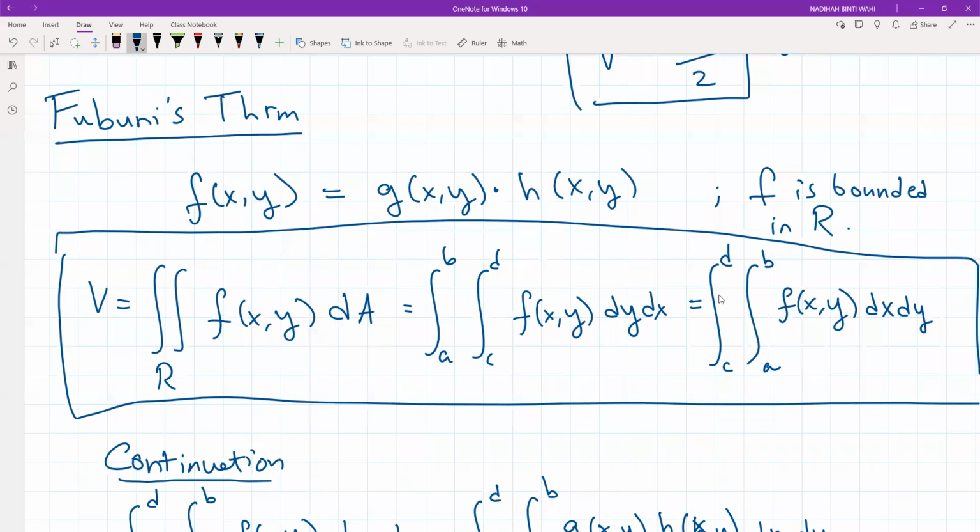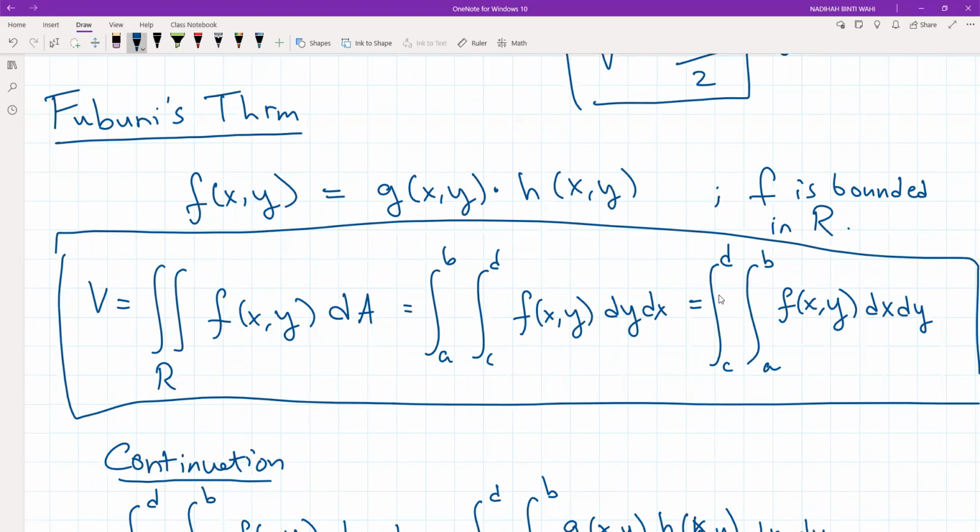Sebab beza antara integration dengan derivative is that you can still integrate discontinuous function. Okay, that's the beauty of integration. For discontinuous function, you can integrate, but in derivative, you cannot differentiate discontinuous function.